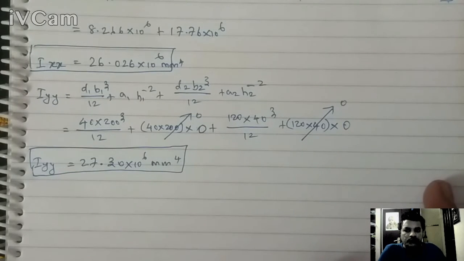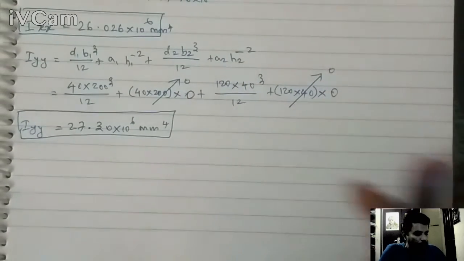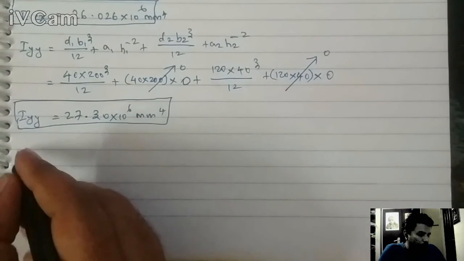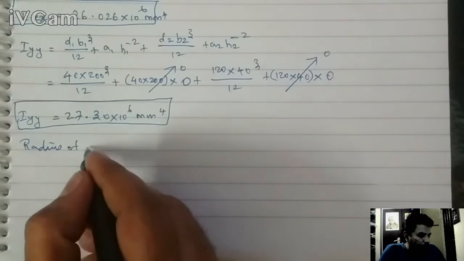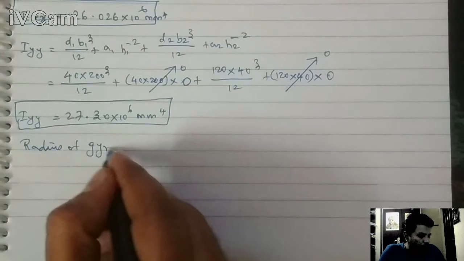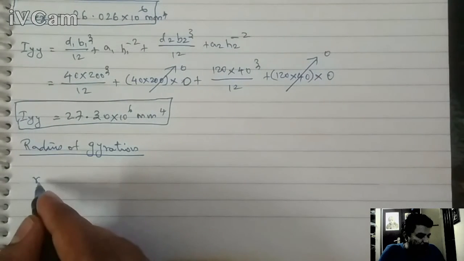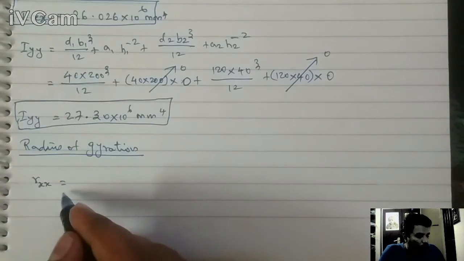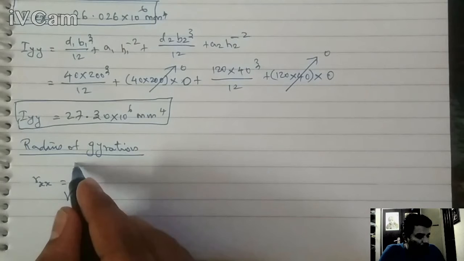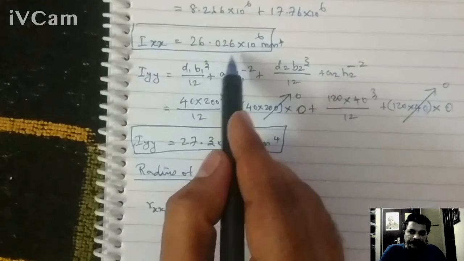So radius of gyration rxx, in the xx direction, is root of Ixx, this value.